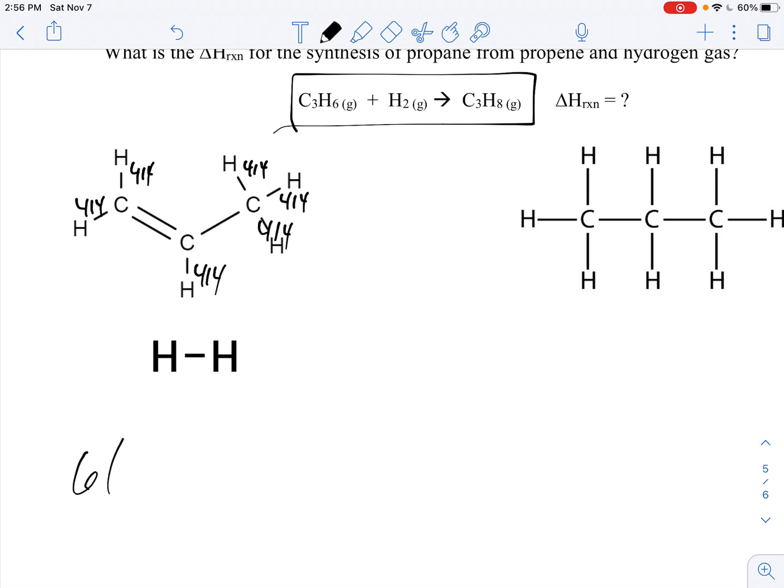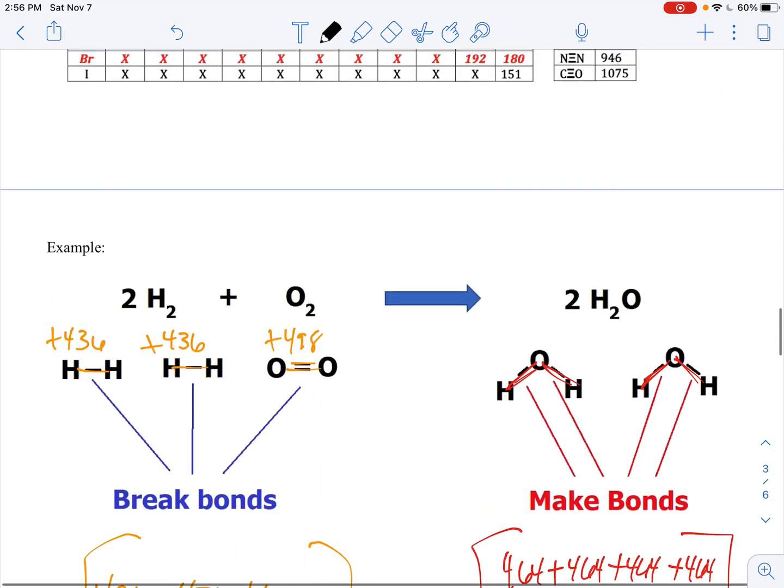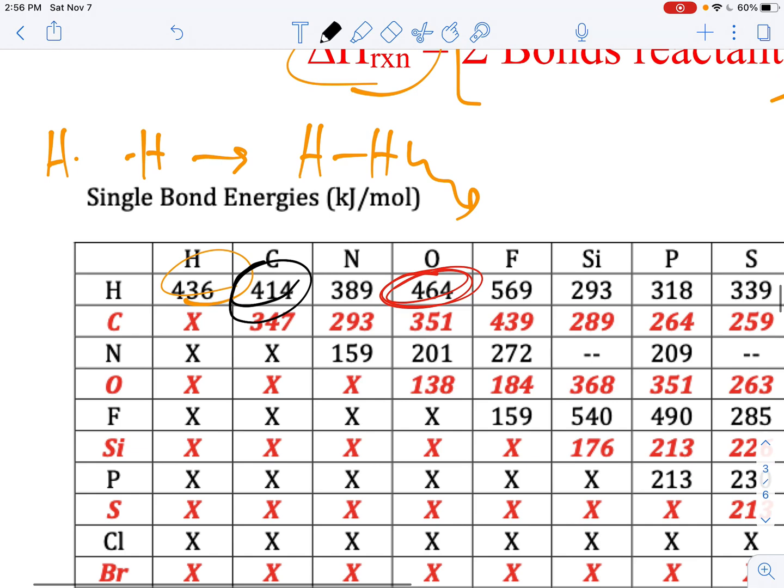So that looks like 1, 2, 3, 4, 5, 6. So I have 6 at 414 for my carbon-hydrogen bonds. That took care of him, him, him, him, him, and him. Now it looks like I've got a carbon-carbon single bond and a carbon-carbon double bond here. Okay, let's look those up.